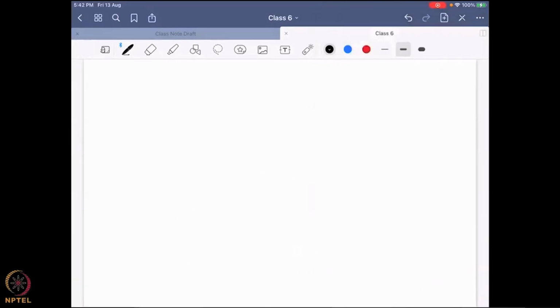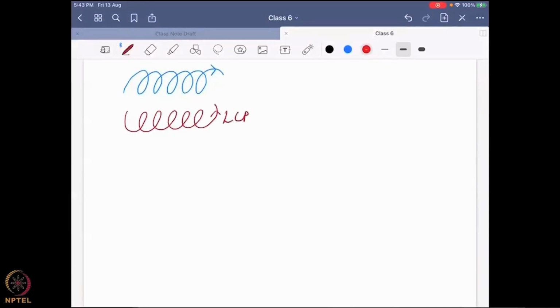Then the question is, what is actually happening over there? There are two kinds of light, you can say. One is the RCP and one is the LCP. Again I'm drawing it over here, and this is the chiral sample, and these two lights, RCP and LCP, actually come together.